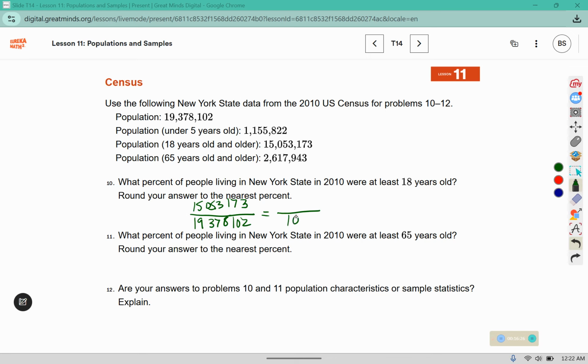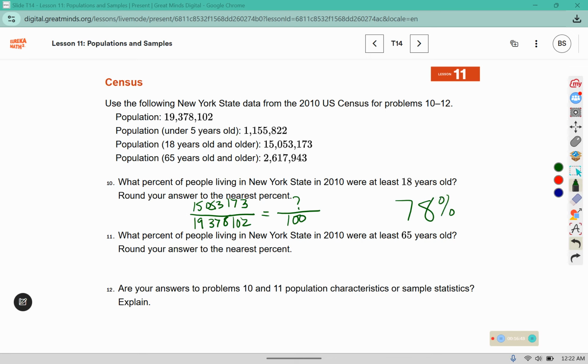To turn that into the percent, we can use that cross multiply and divide strategy, which comes out to 77.68, but it asks us to round to the nearest percent, which would be about 78%.